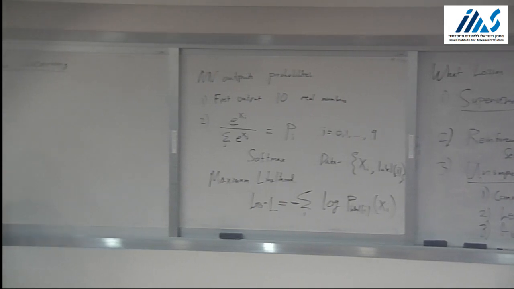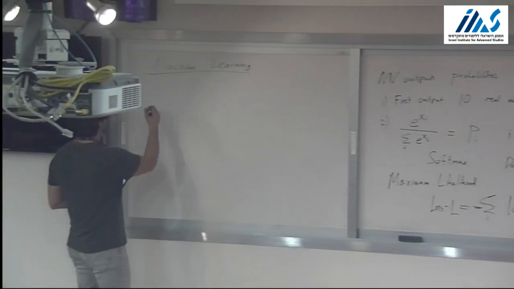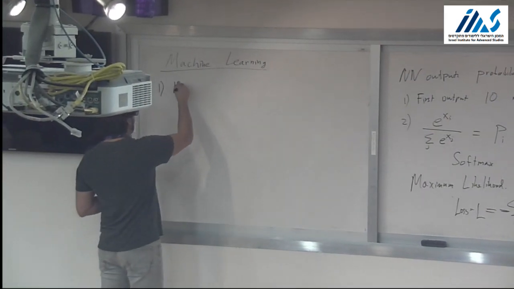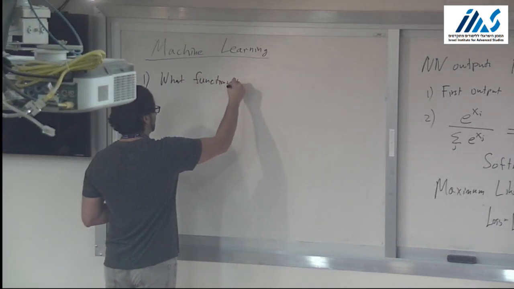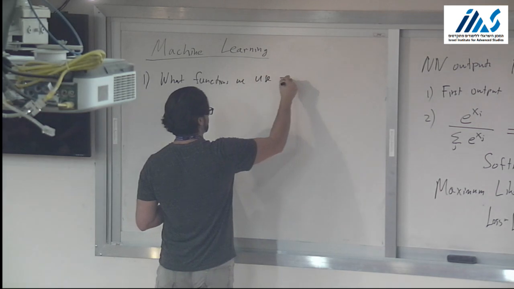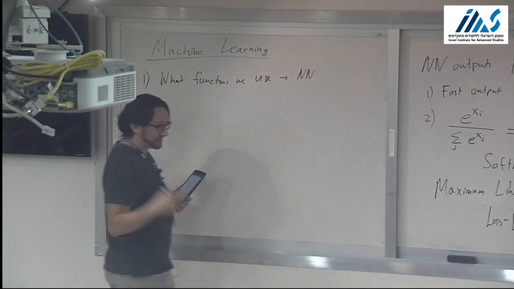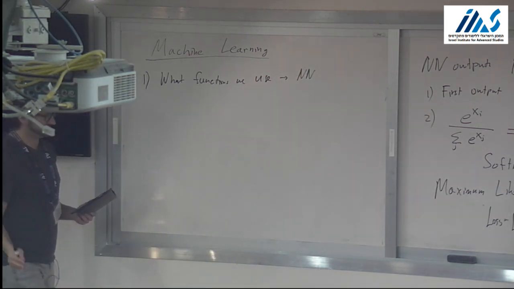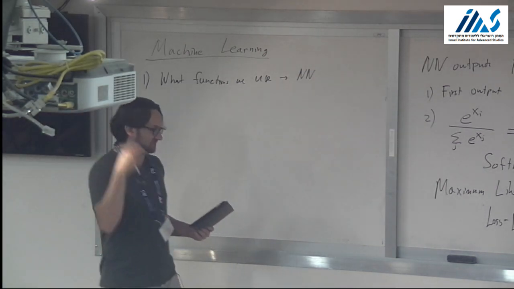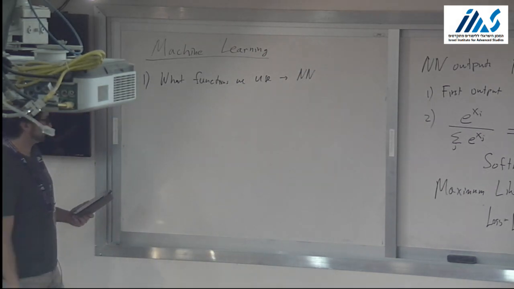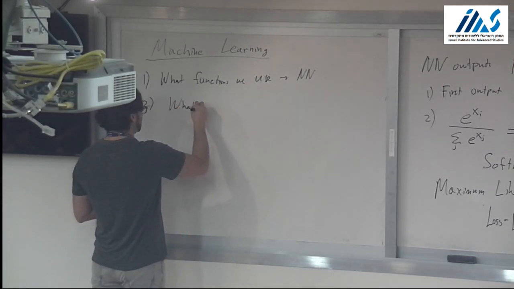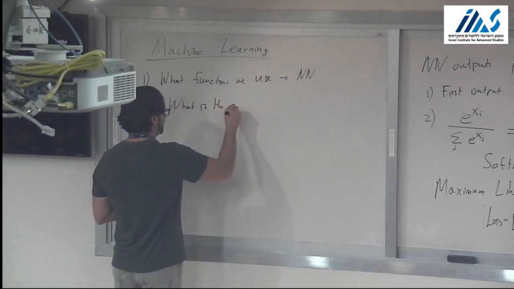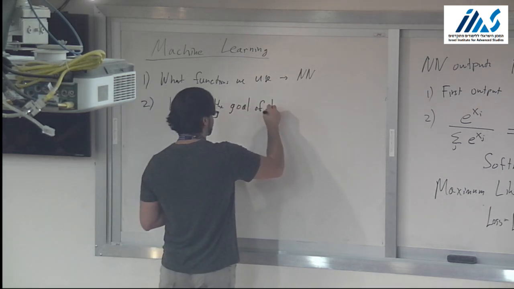Okay, so I want to emphasize now, we've talked about what functions we use, which are these neural networks where we have high-dimensional data, we hit it with matrices, we compute a nonlinearity, we hit it with another matrix, we compute another nonlinearity. We've sort of answered the question of what is the goal of learning.